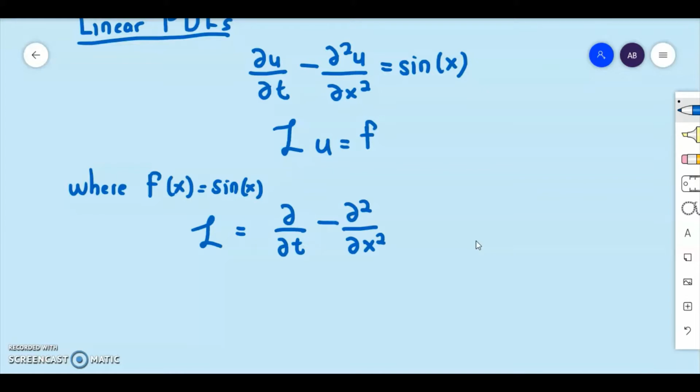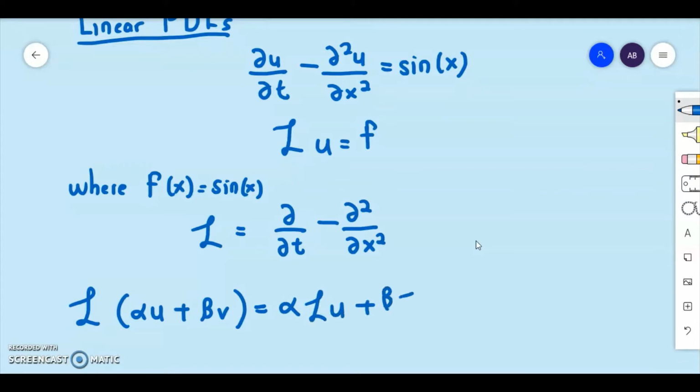Now, to say it is linear, my operator L applied to alpha u plus beta v can be written as alpha Lu plus beta Lv.